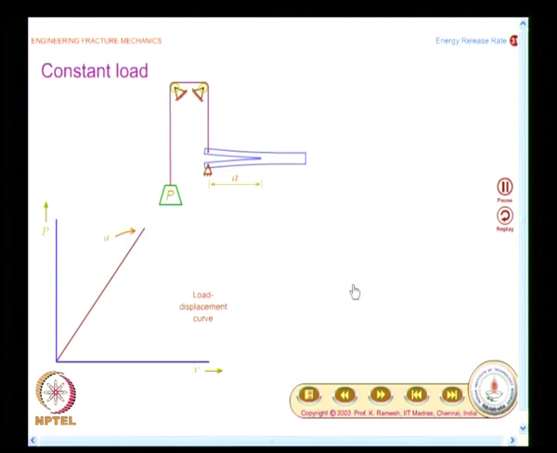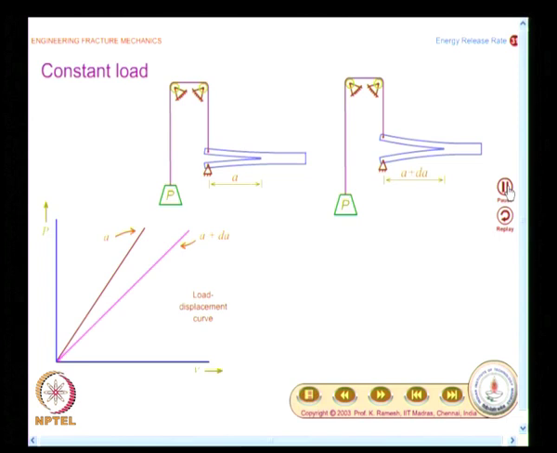Now, we again go back to our constant load, we will reinforce our understanding. So, what you find here is, you draw the graph between load versus displacement for a specimen with crack of length A, for another specimen with a crack of length A plus dA. Obviously, the stiffness has reduced.